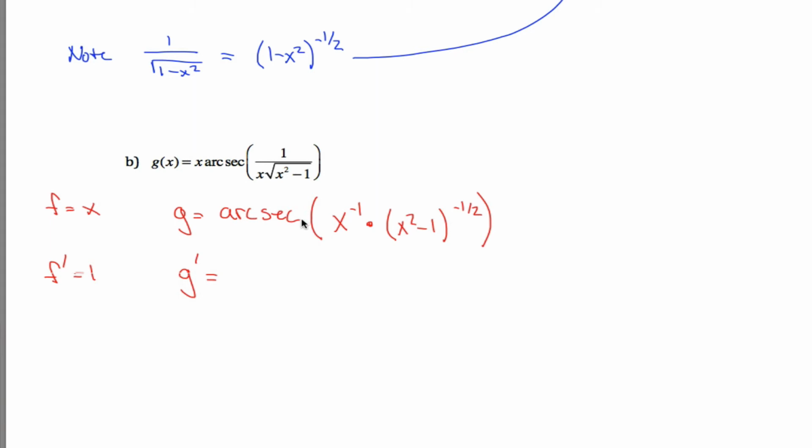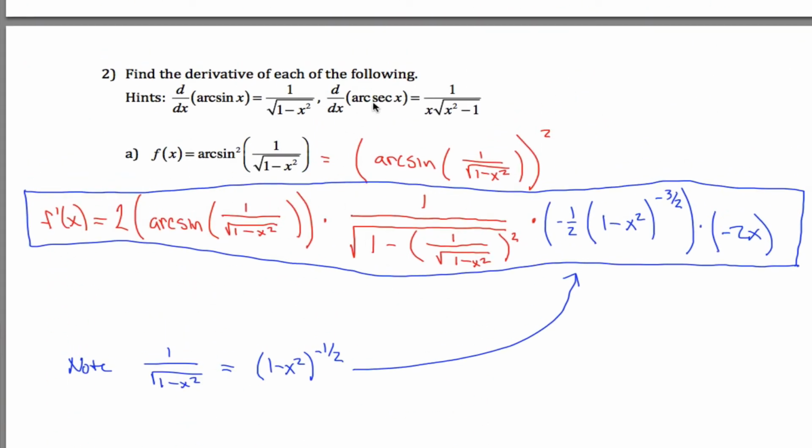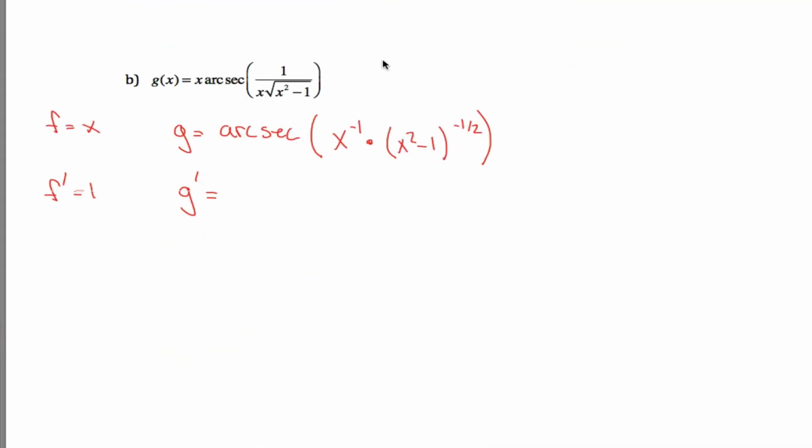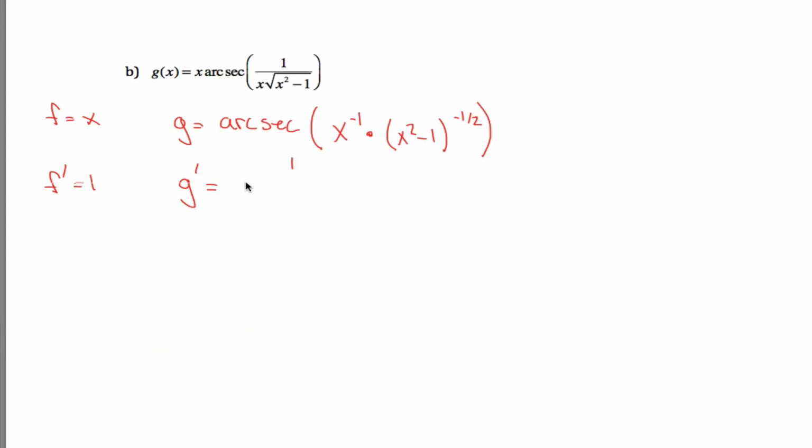Okay, well, if it were just the arc secant of x, I could come up here and say the derivative of arc secant is just 1 over x times the square root of x squared minus 1. So I'd write 1 divided by x times the square root of x squared minus 1.